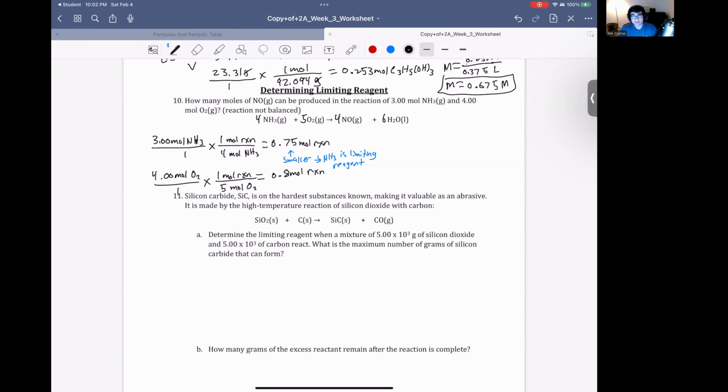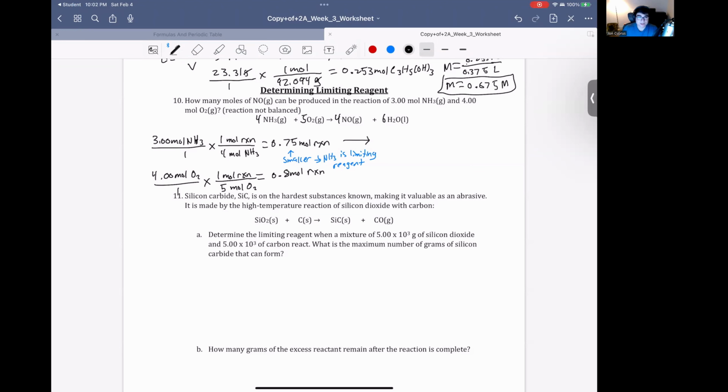Now there's 2 ways you could do this. You could do stoichiometry, right? You could say, well, NH3 and NO are in a 1-to-1 ratio. So you get 3 moles of NO. Or you could go ahead and use this moles of reaction. Either way works. I'll show both.